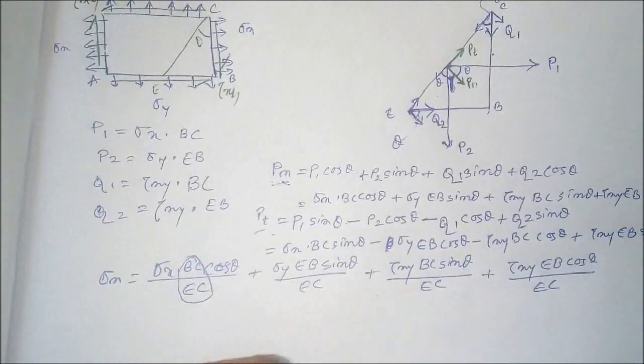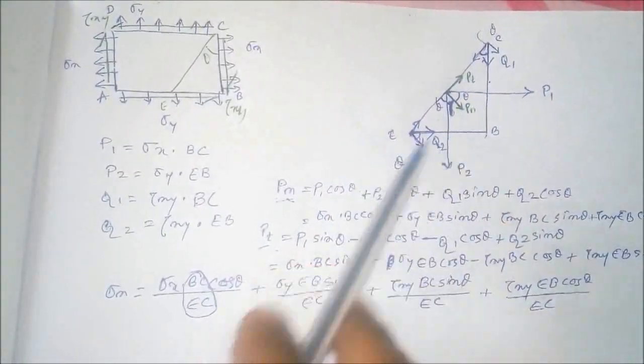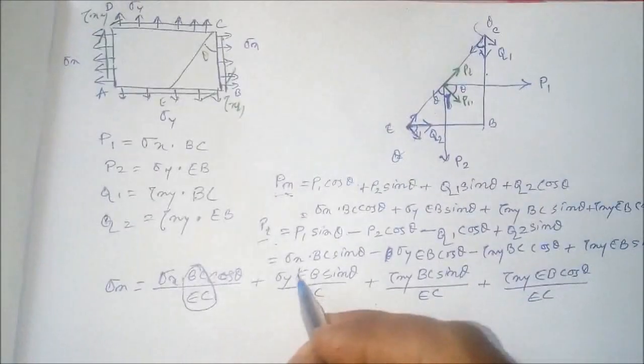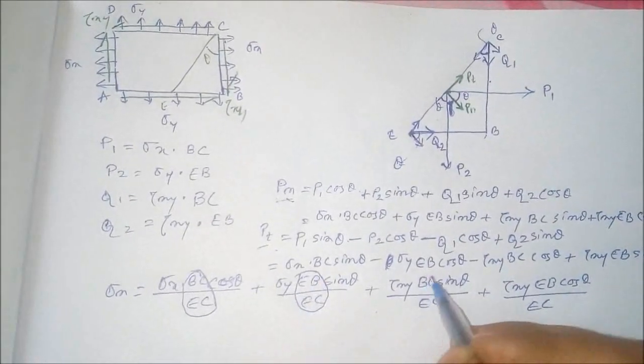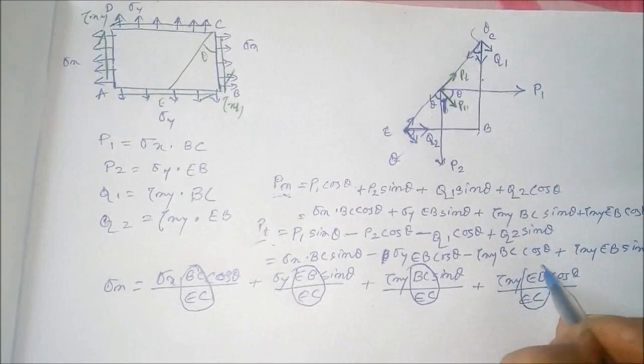Now BC by EC is what? In this triangle, BC by EC is the cos theta, and EB by EC is the sin theta, right? So here also cos theta, here also sin theta, right?